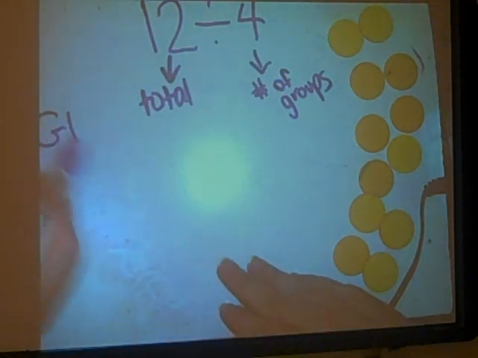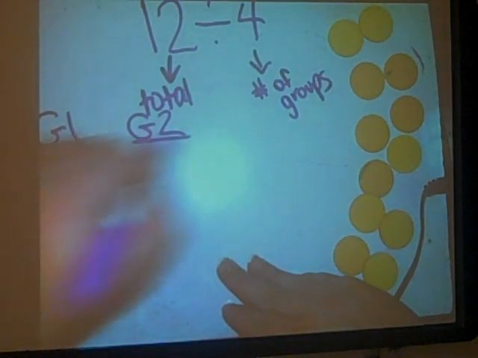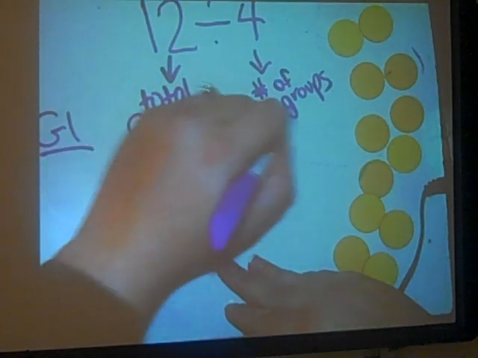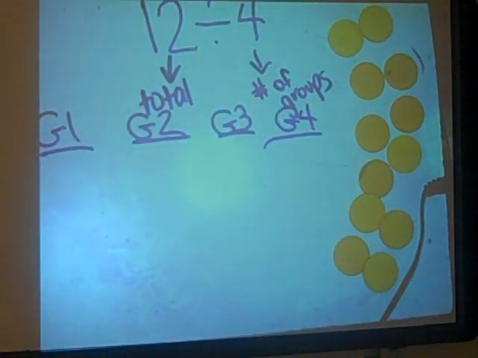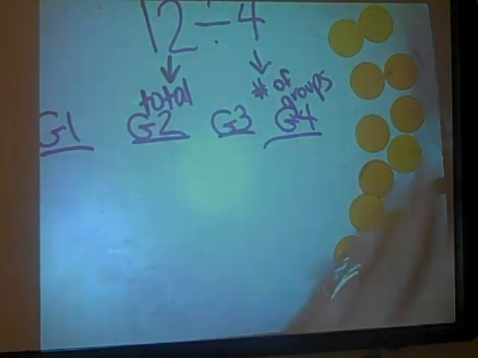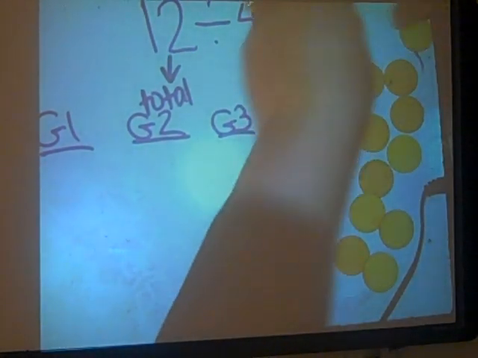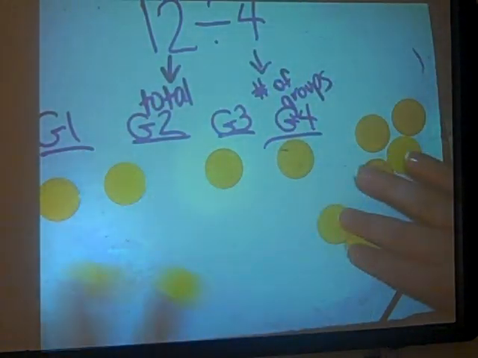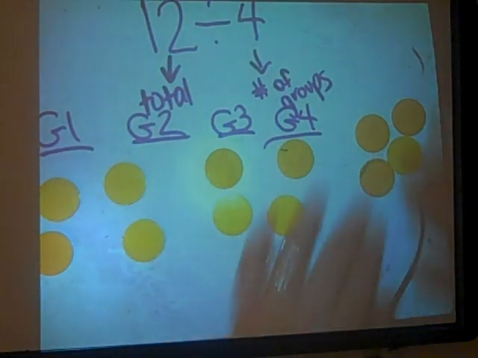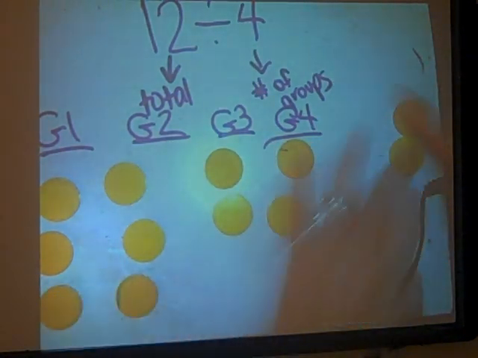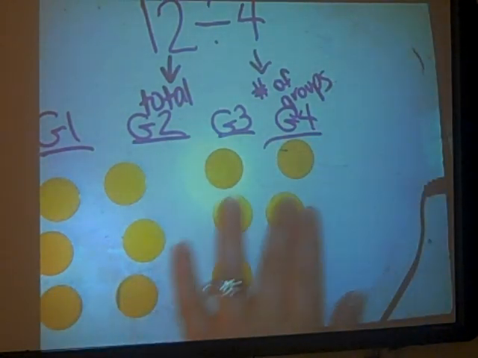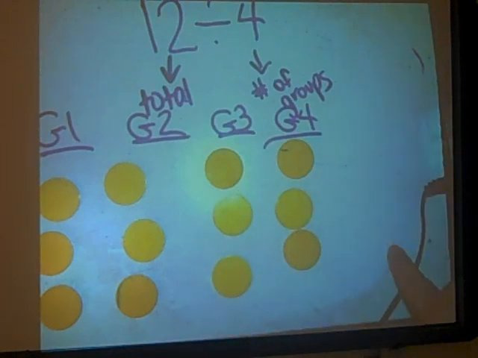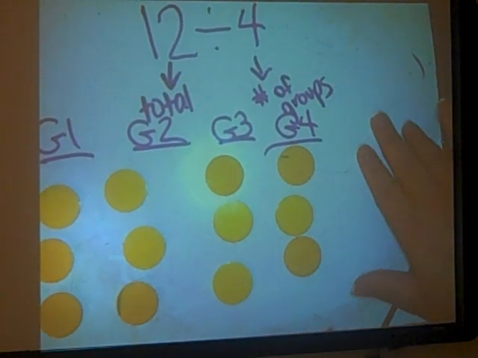So G1, G2, G3, and G4. And what I want to do is go ahead and evenly share. So let's see. I can go ahead and place 1 into each group. And I can still evenly share by placing another 1 into each group. Oh, and I can evenly share again. Notice that none are left over. There's none off to the side. So it means that it does go in evenly without any remainders.